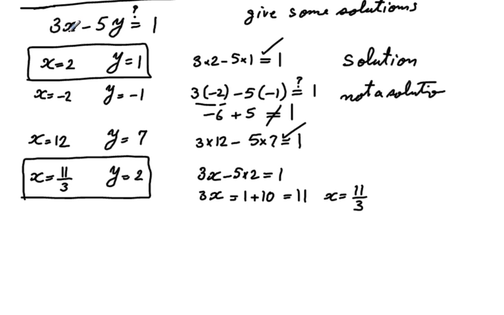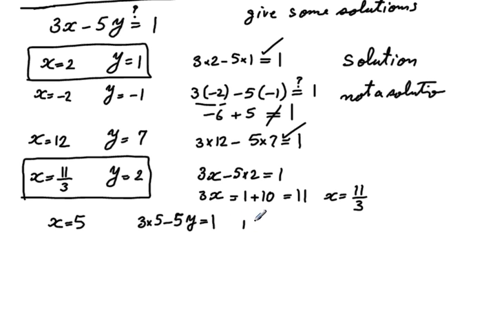Or you can turn the table around and choose x as you want, and then figure out y out of that. So I could have started by saying I want x to be, choose some other number, say x is equal to 5. If x is equal to 5, what would y be? So say 3 times 5 minus 5 times y is supposed to be 1.